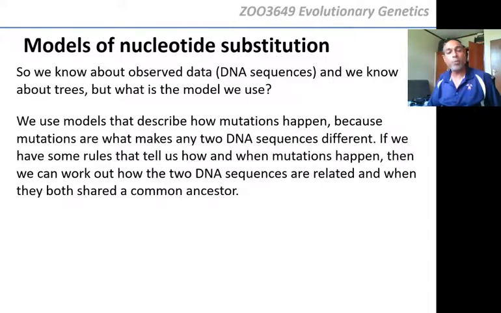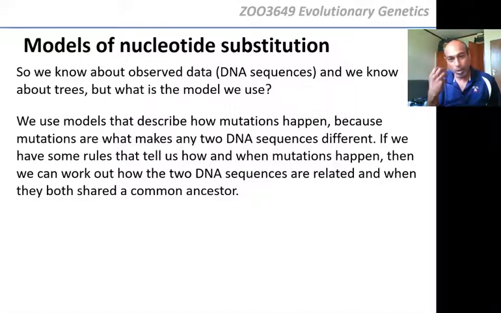Right? So what is this model we use? We use this model to describe how a mutation happens. Okay? Because different mutations are what actually makes the DNA sequences different, right? You know that in some sequences there's an A and in others there's a G. So that means either an A evolved into a G, DNA polymerase made a mistake, added a G instead of an A, or the G evolved into an A, right? So it could have been either way. So that's what we need.